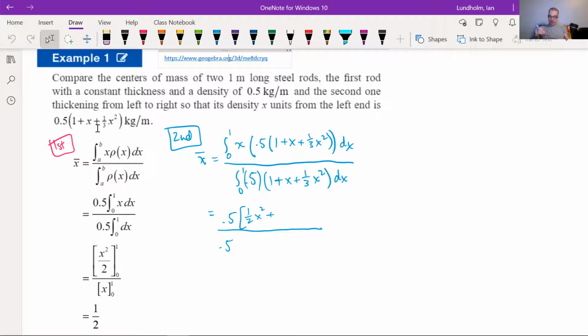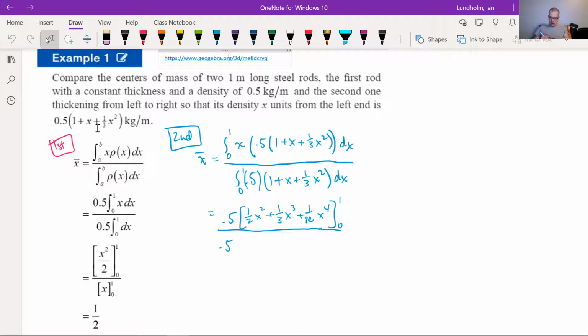And then for the next term, that would originally start out as 1/3 x to the third, but when we take the antiderivative, we get 1/12 x to the fourth. And that'll be evaluated at 0 and 1.